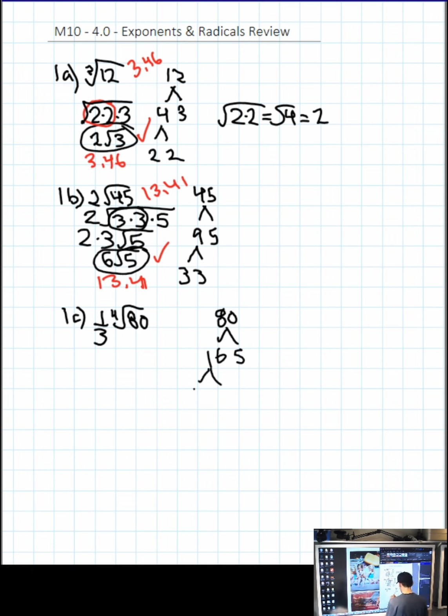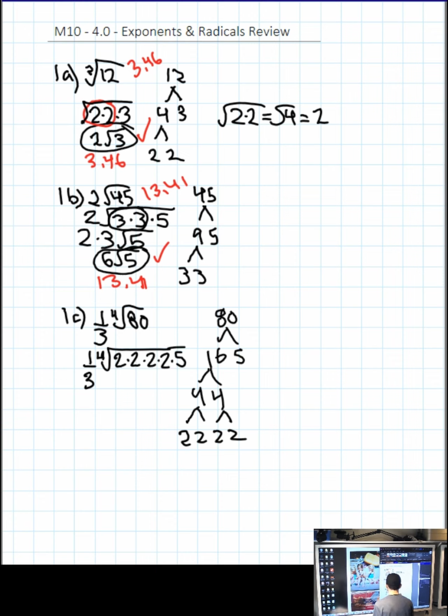And 16 is 4 times 4. And then we have 2 and 2, and then we have 2 and 2. So we can write all these numbers underneath the root. So we have 1/3 times the 4th root of 2 times 2 times 2 times 2 times 5.